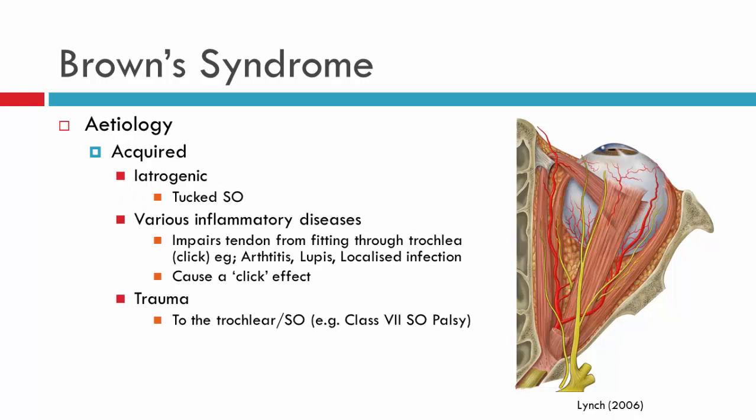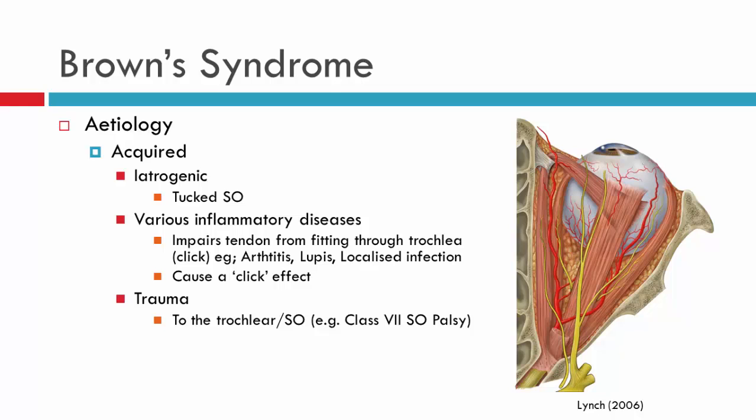In terms of acquired, we've talked about iatrogenic Brown syndromes in previous videos, and here if the superior oblique is tucked excessively, then you can have a limitation of elevation due to a tight superior oblique. We can have various inflammatory diseases also causing Brown syndrome, such as arthritis or lupus.